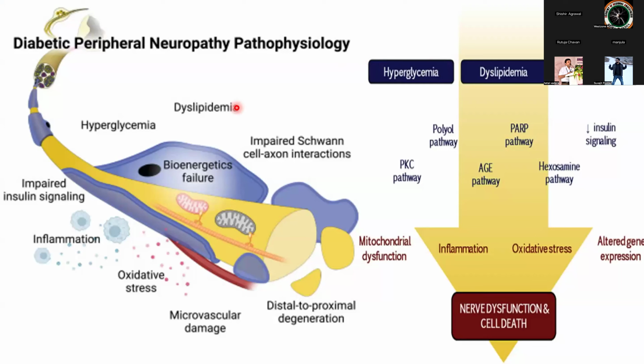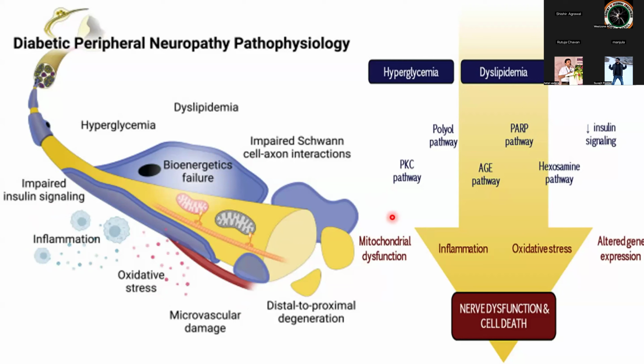Two things we have to understand in diabetic peripheral neuropathy: there is a bioenergetic failure, which means these nerve cells lose the ability to produce ATP, which leads to cell damage. There are other metabolic disturbances like inflammation, oxidative stress, underlying microvascular damage, and cellular level mitochondrial dysfunction.